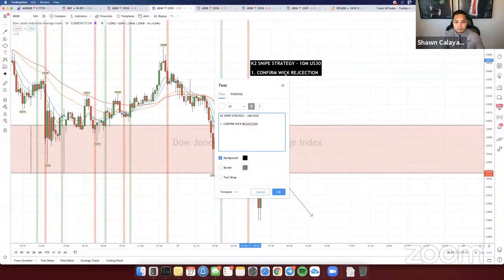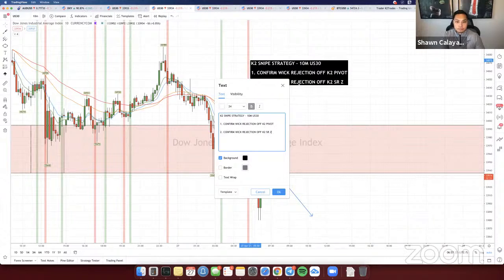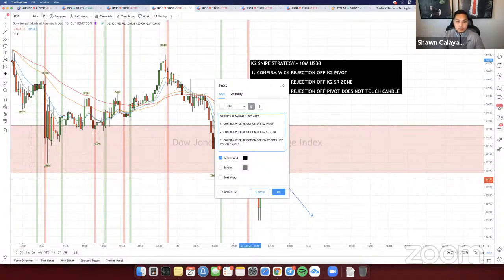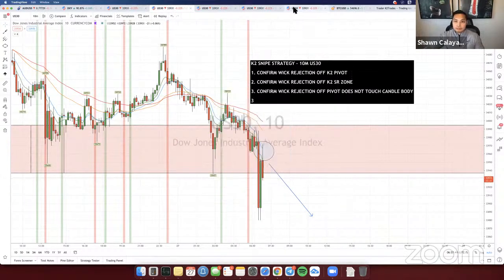K2. Rejection off K2 pivot to confirm with rejection of K2 SR zone. Reconfirm wick rejection. Pivot is not body. I'm missing this trade over here.